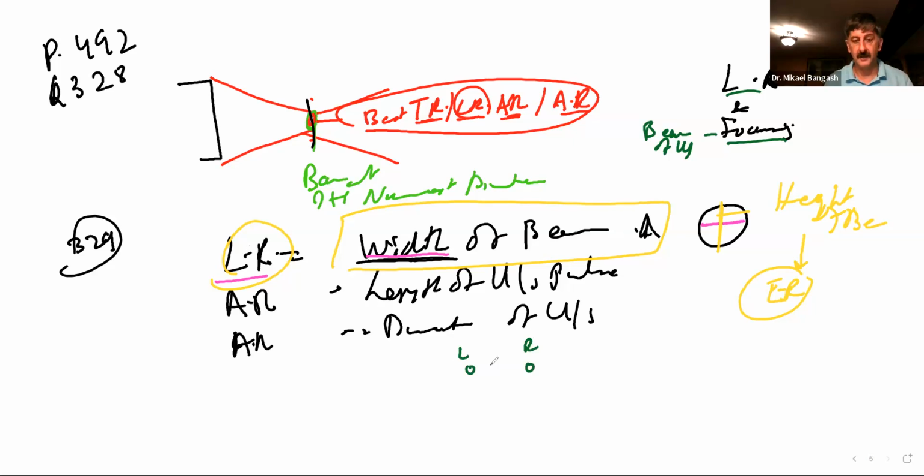If these two are displayed as two separate reflections or structures, that indicates a good lateral resolution, because the width of the beam is less than or equal to the distance between these two structures side by side. Did you ladies get that? Yes. Okay.